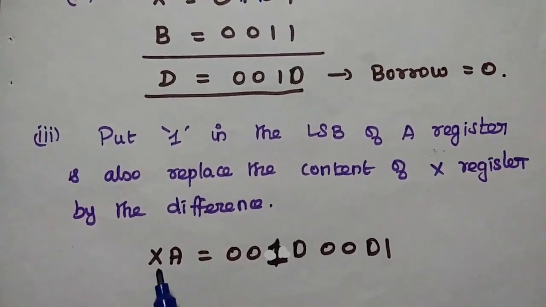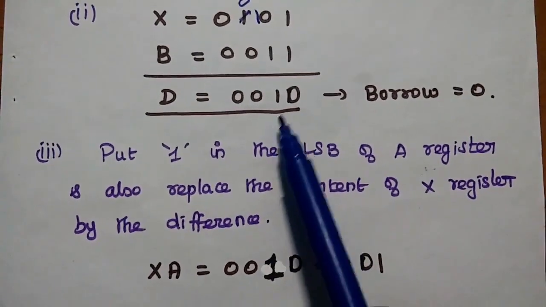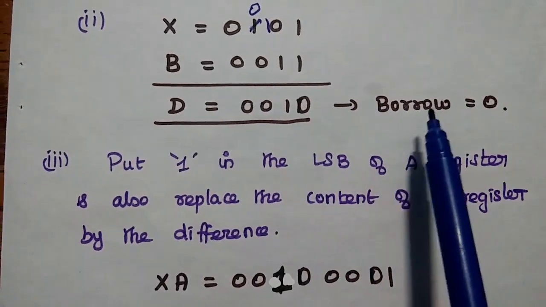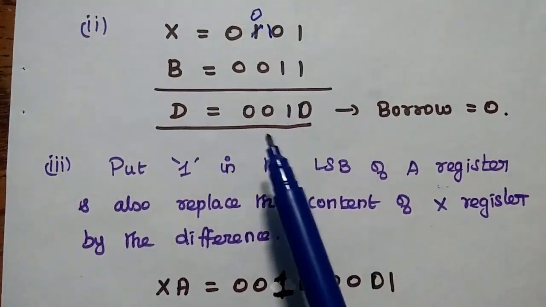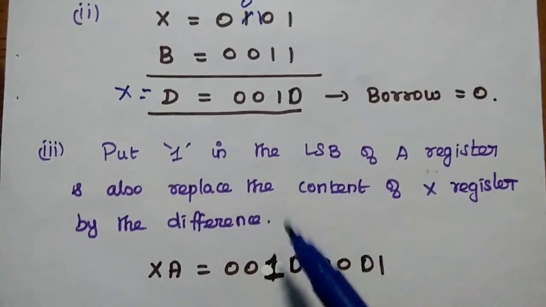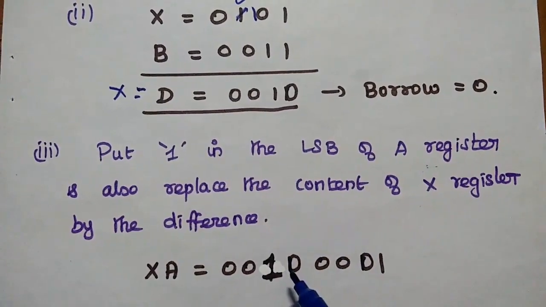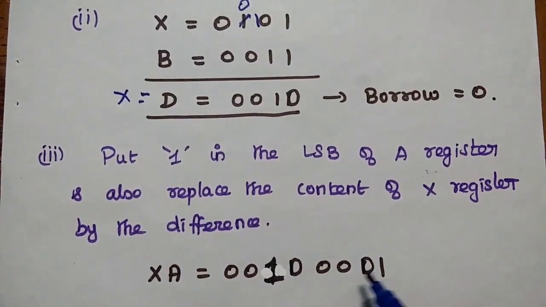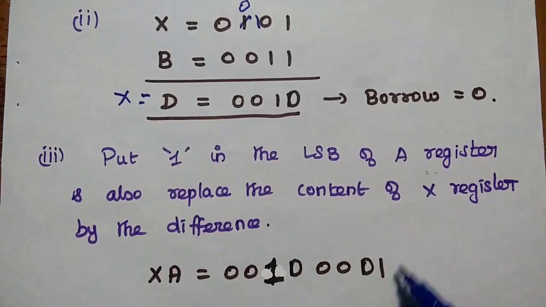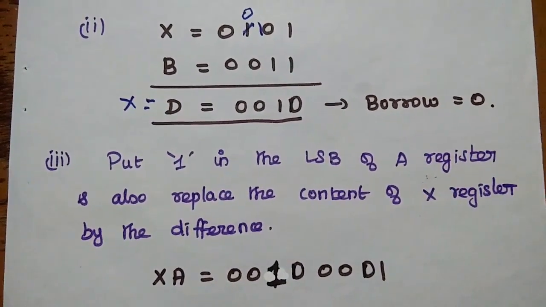So now the XA register is 0010, this value. Since the borrow is 0, the proper subtraction, this difference is stored in the X register. So the X register is written as 0010 as such. And then the A register is 000 and the LSB is 1 because of this proper subtraction.